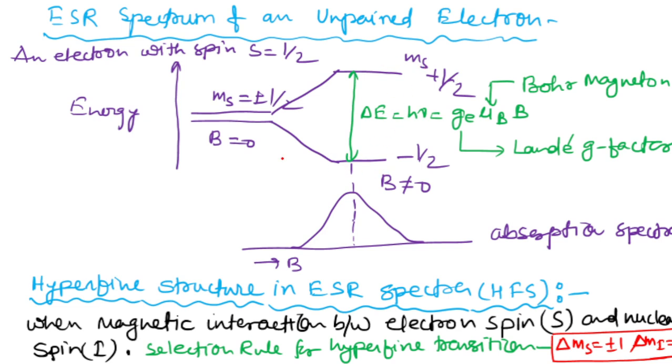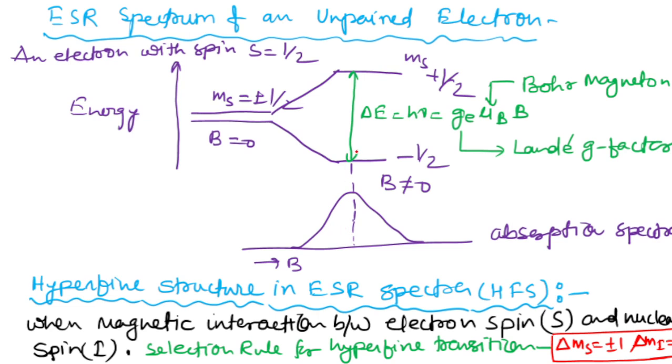After applying the magnetic field, you will see two energy levels. The difference between these energy levels, plus half and minus half, is g_e μ_B B, where μ_B is the Bohr magneton, g is the Landé factor and B is the magnetic field.